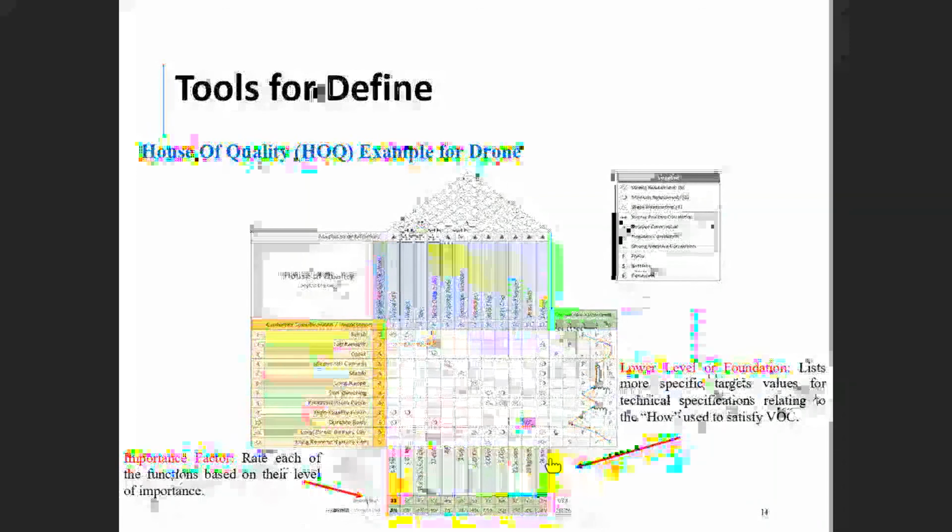For example, the minutes, 26 minutes is the target, and stress test, sorry, 29 kilogram per Newton square meter, kilogram per square meter. Sorry.